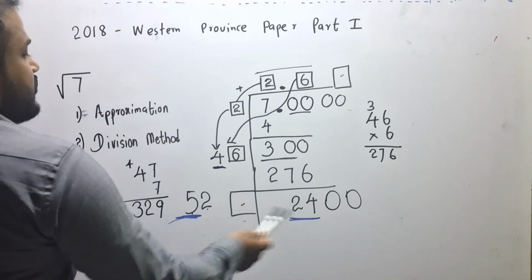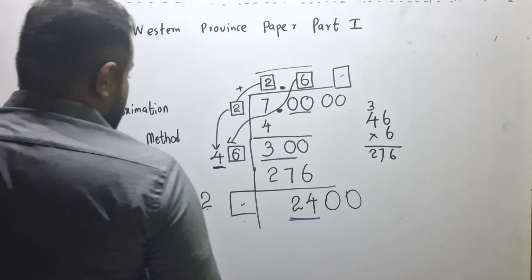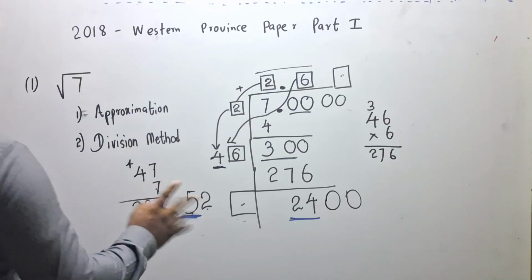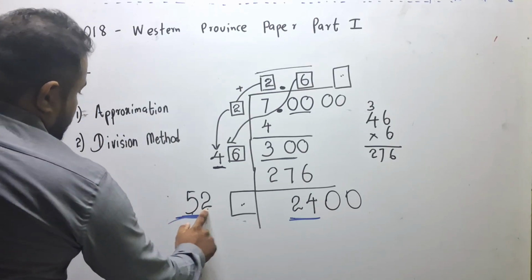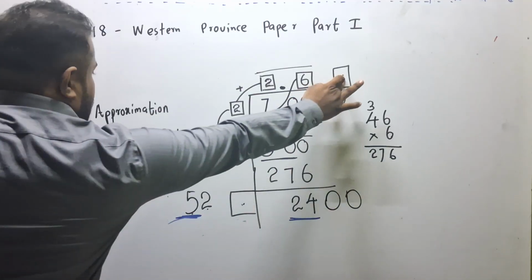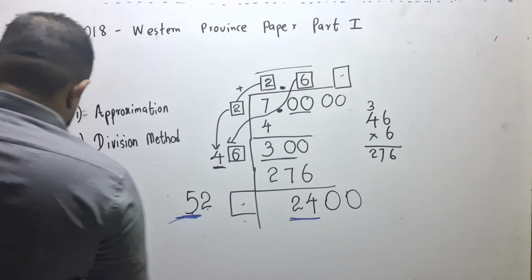Not equal, close to 24. 5 times 5 is 25. So what's the matching value? Not 5 but 4. If you input 5, 5 times 5, it will definitely exceed 24.